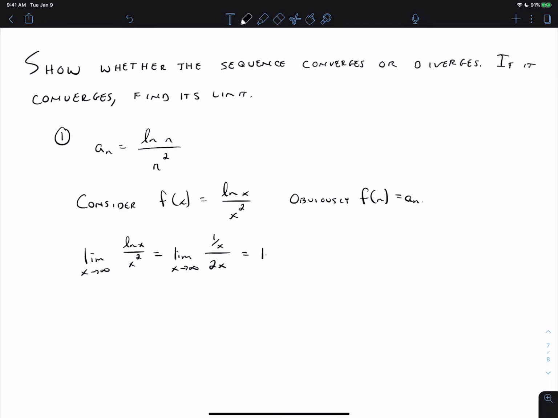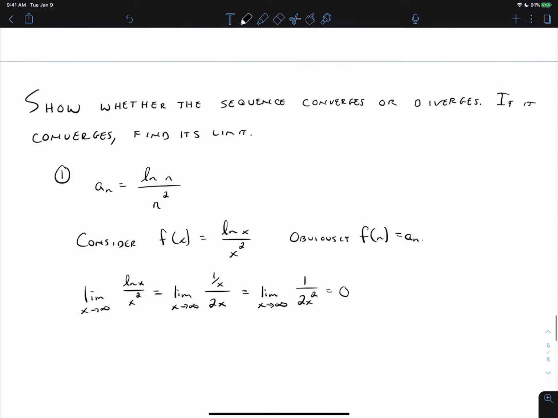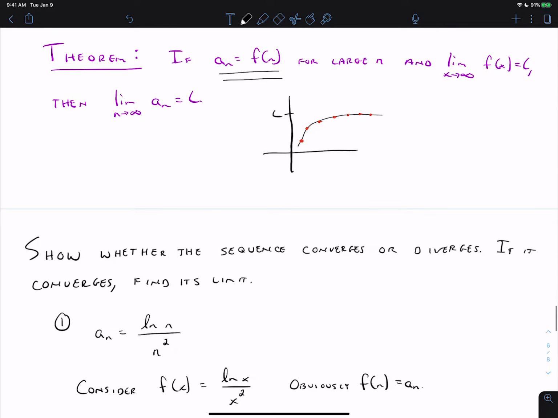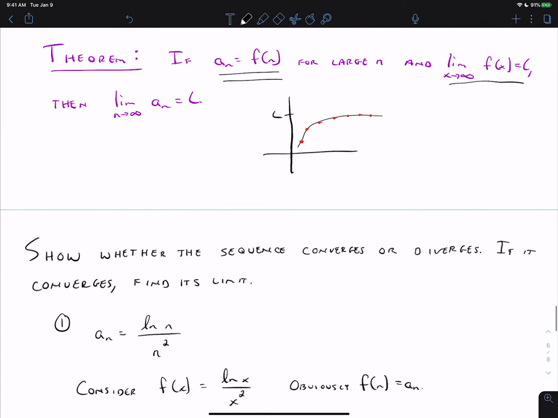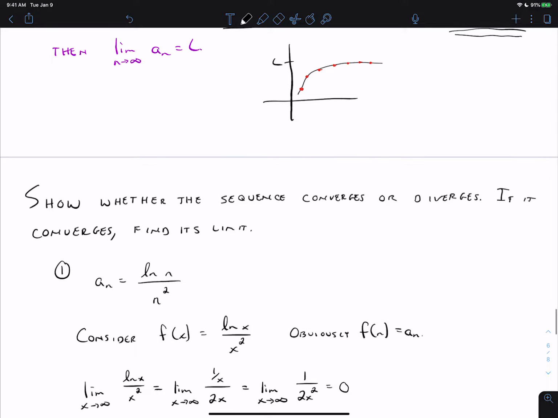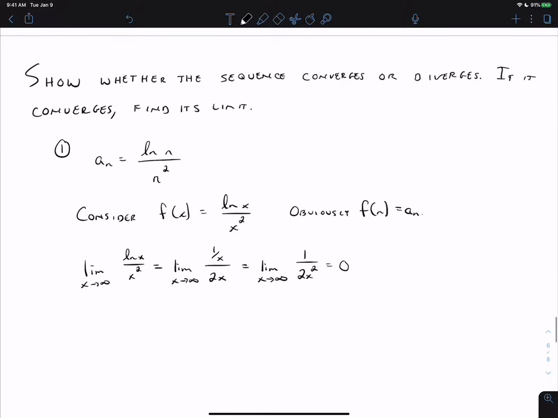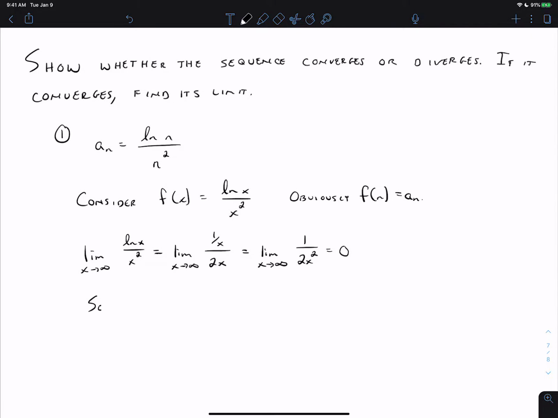That simplifies in this case to the limit as x goes to infinity of 1 over 2x squared. The limit of that is 0. So now the two conditions from this theorem are true: a_n is equal to f of n, and the limit as x approaches infinity of f of x is equal to L, where L is 0. Then, because of that theorem, the limit as n goes to infinity of a_n is equal to 0 as well.